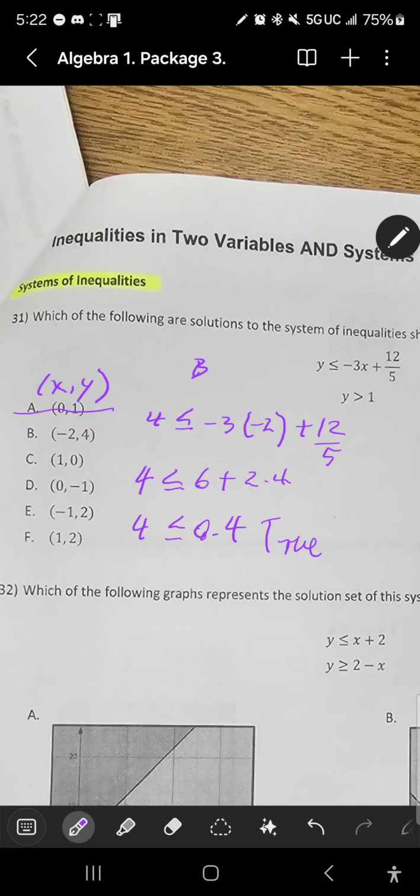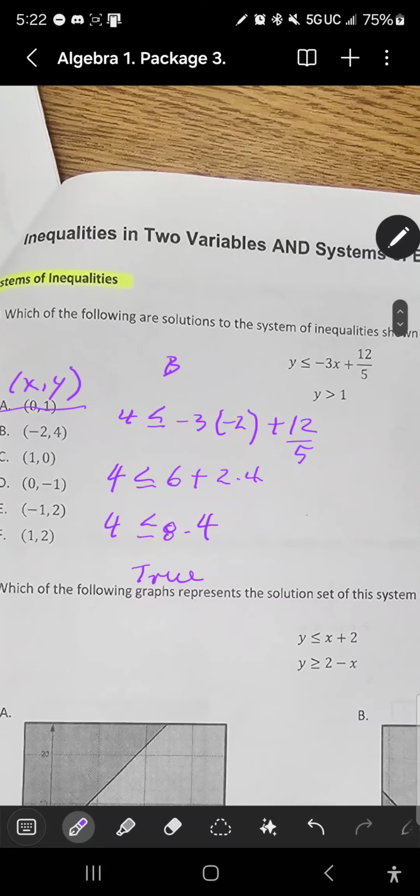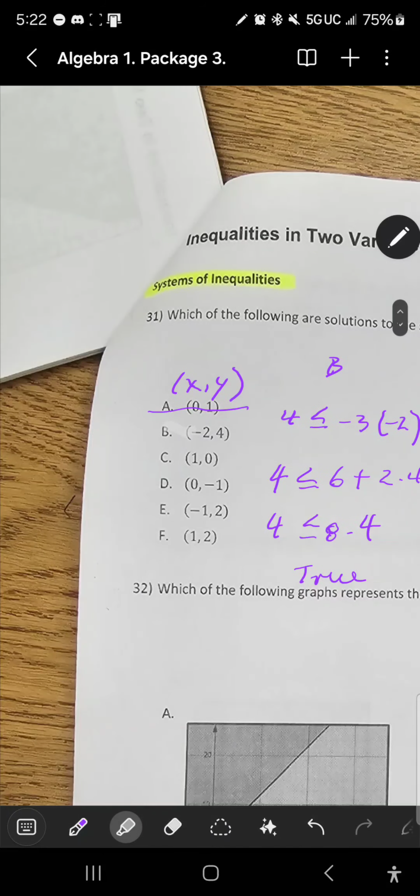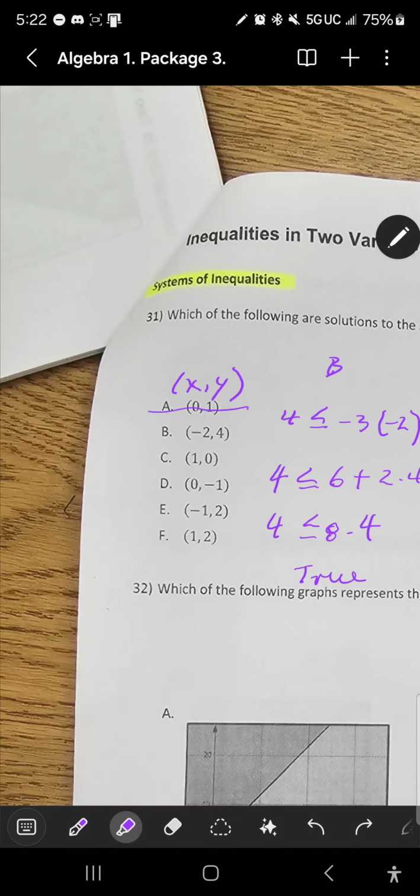And this is also true, because 8.4 is greater than 4, or you could say 4 is less than 8.4. Now let's look at this one. We say 4 greater than -2. That's also true. So we are fine. B is one of our answers.